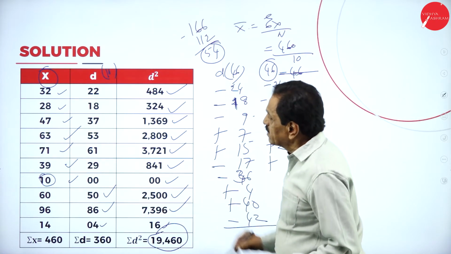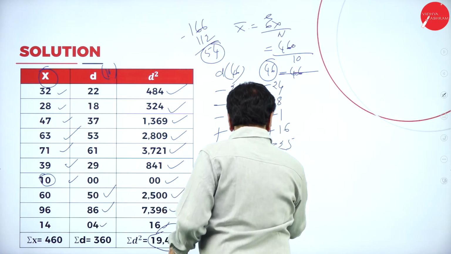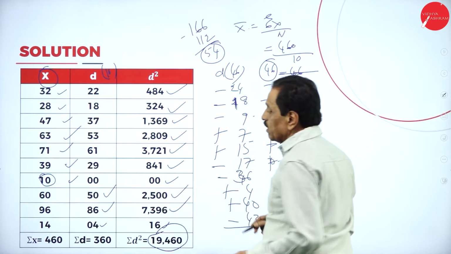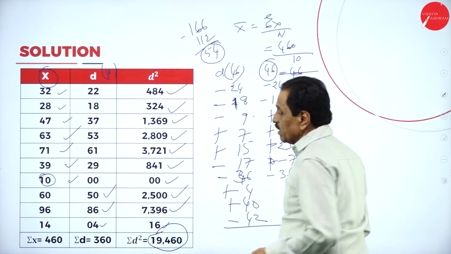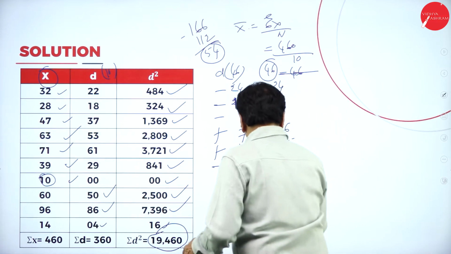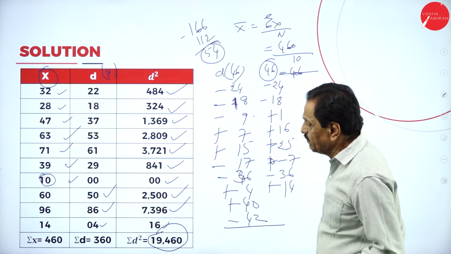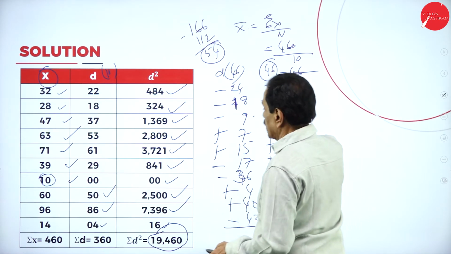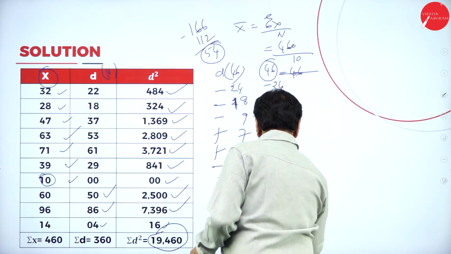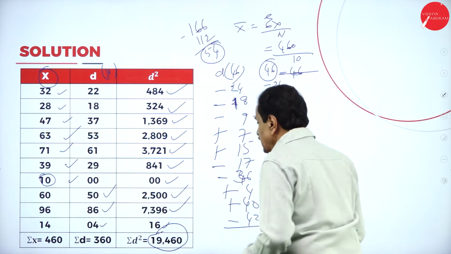Then 39, how much has come down? Minus 7. 10 means minus 36. 60 means how much more? 14. 96 means how much more? 50 more. 14 means how much less?